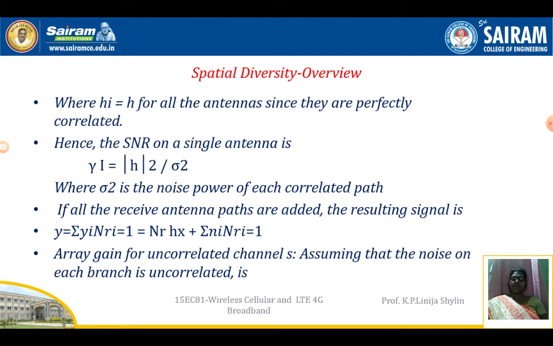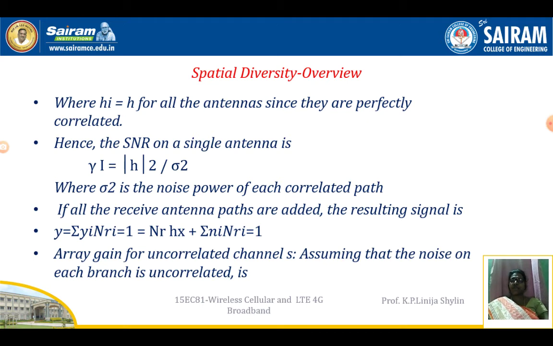Now, if all the receive antenna paths are added, first, for analyzing purposes, we will calculate individually, then we will take 1 to 5. Once it becomes stable, we go for all the receiving antenna paths and make a concluded expression.